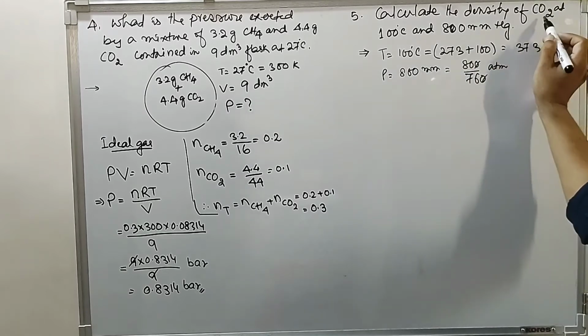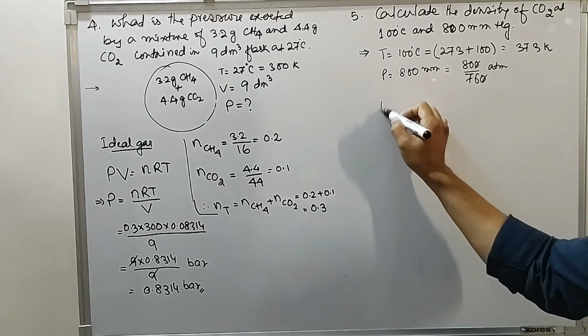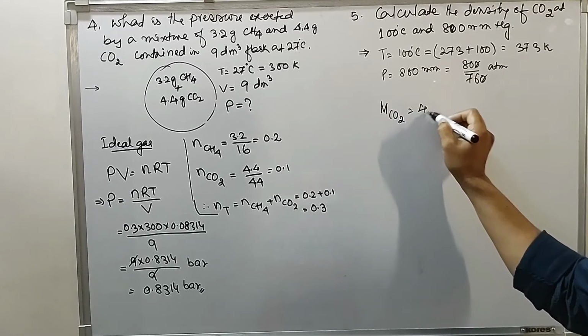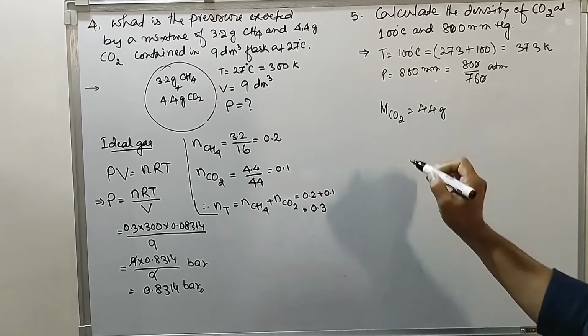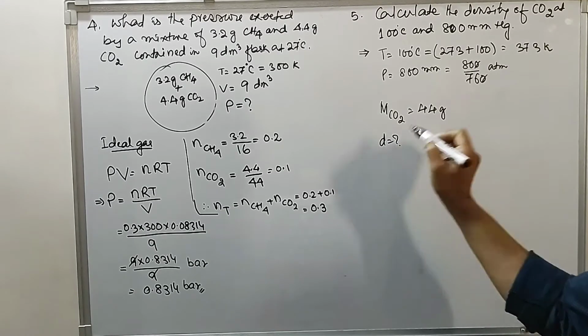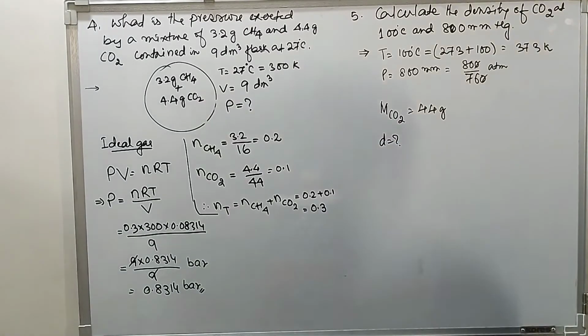Now the gas is given as carbon dioxide. So the molecular mass of carbon dioxide is 44 gram. Now the question is, what is the density of the gas? So we have assumed this gas to be an ideal gas, for which temperature and pressure are given, and molecular mass is known.